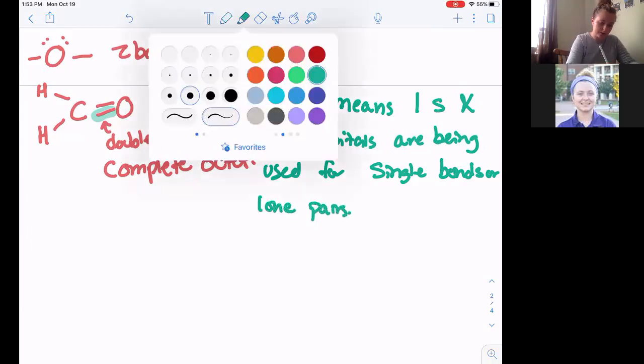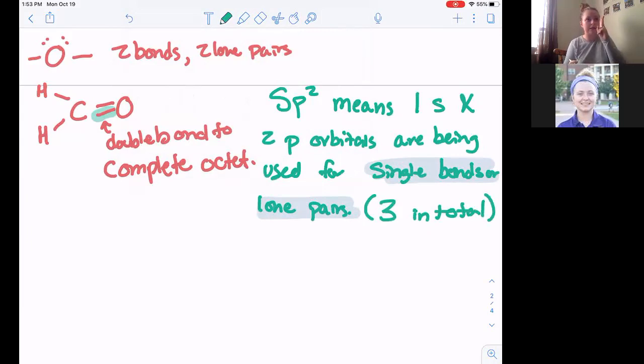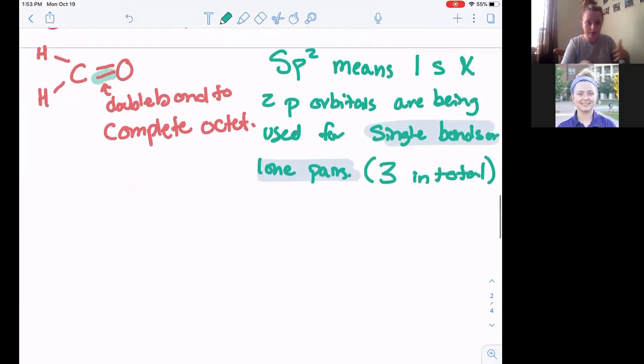Okay. Again, single bonds or lone pairs. That's 3 in total. So we have 1 s plus 2 p's. That's how we get sp2. The one for the s is like imaginary. There's 3 in total that are being used.